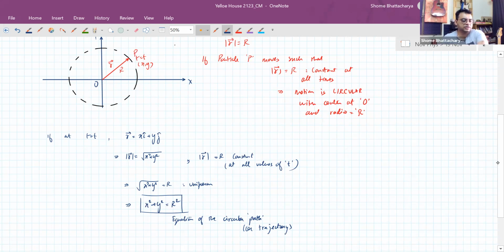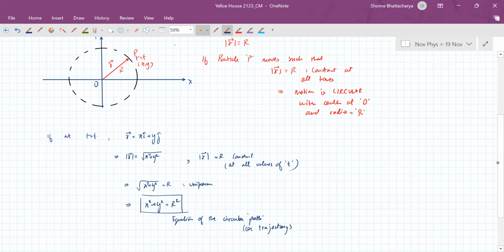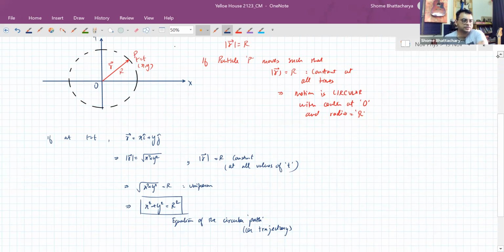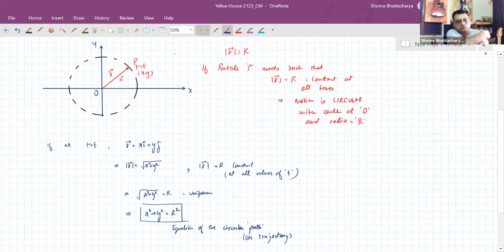The reference frame is up to us. So we select the origin for convenience at the center, and we take the xy plane as the plane of motion, so that we can write the equation of trajectory quite easily like this: x square plus y square is equal to r square. If we select the origin somewhere else, then we have a more complicated equation. So to simplify and keep the equation standard, we always take the origin as the center of the circular path.